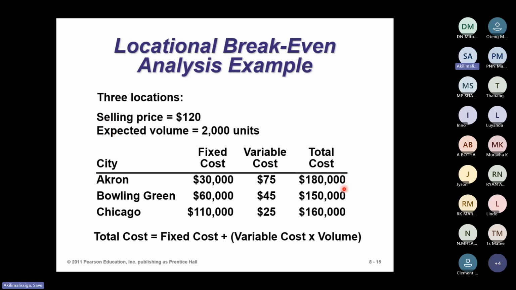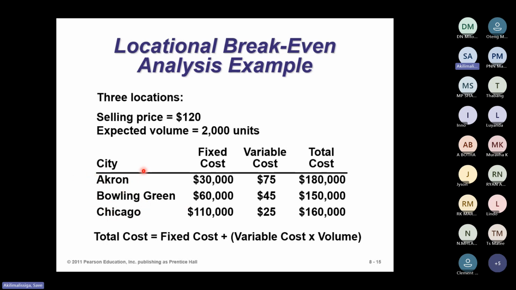So for you as a business to find the total cost, you need at least to speculate on the number of units that the company is planning to produce at that specific location. From this example, we have three locations: Akron, Bowling Green, and Chicago.